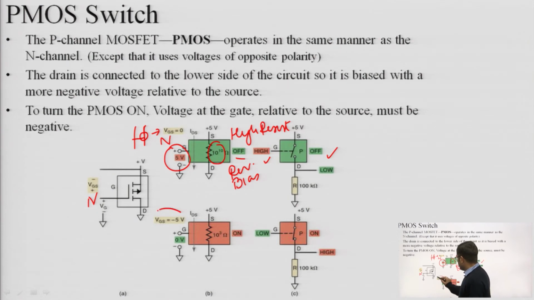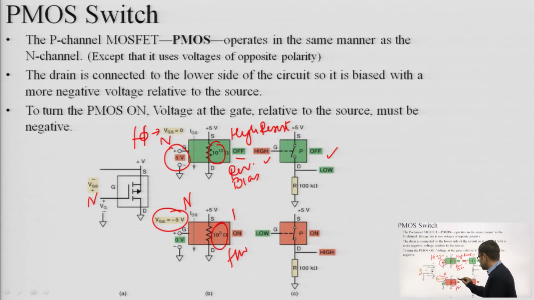Similarly, if we are applying a low gate voltage to the N side, it will be forward bias, that means low resistance. Low resistance means this transistor will be conducting. That means for low value it will be on. So low on. In this way PMOS is working.